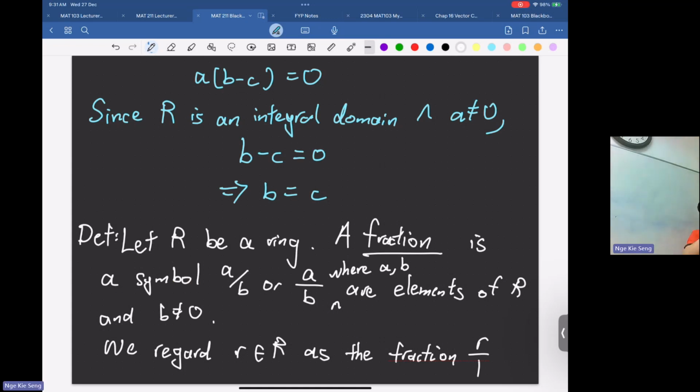It depends on your ring. In your assignment 4, there's a special ring about sets, so you can form a fraction there. It's just a symbol. These A and B might not be numbers anymore. They might be sets, or something else. It's just a fraction.